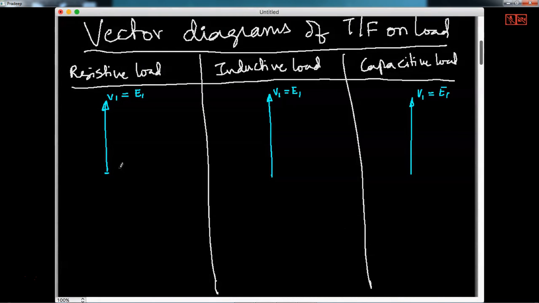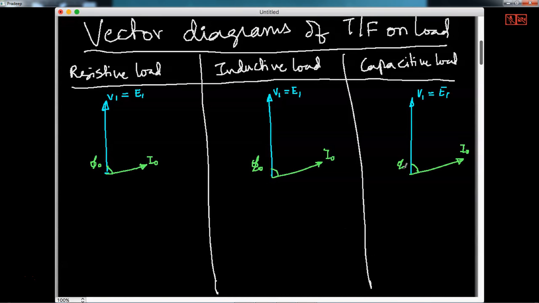Next, I'll draw the no load current I0. Here also the same no load current will be there, I0. And here also the same no load current I0. And you already know this angle is phi naught, the power factor angle we already discussed.